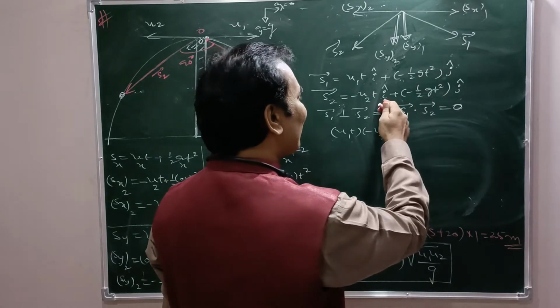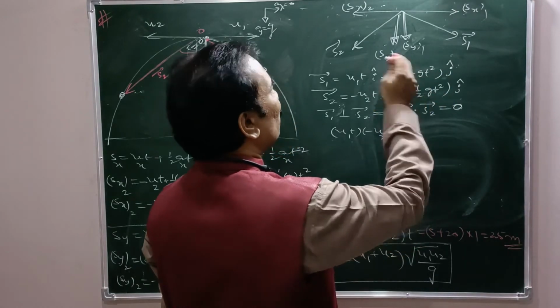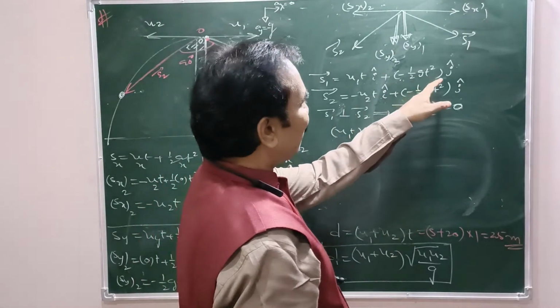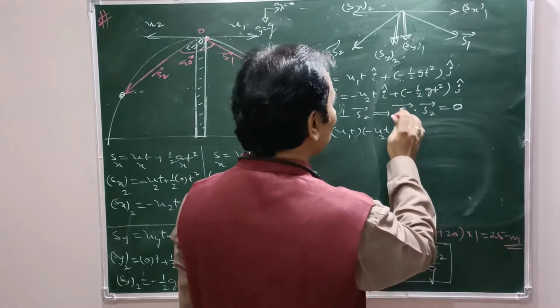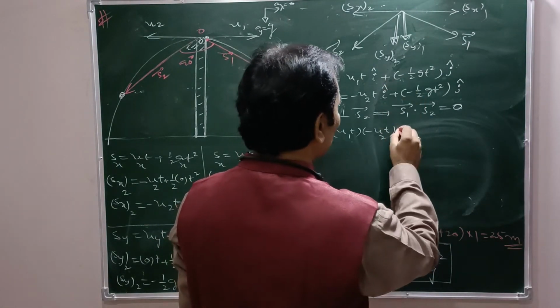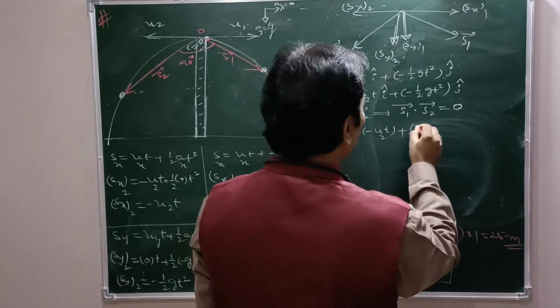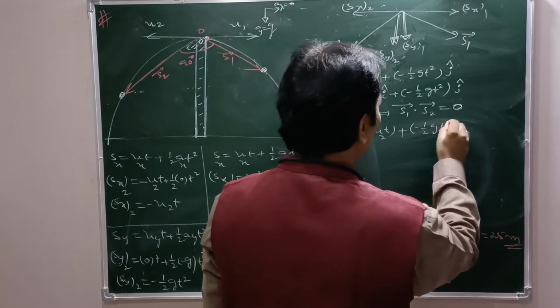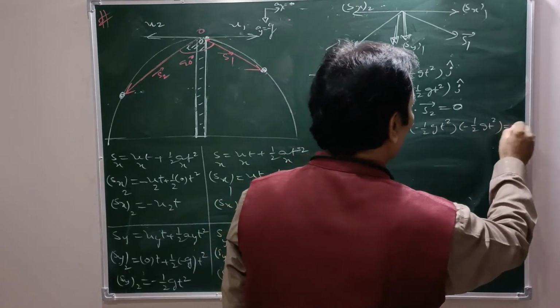Plus j dot i is also 0, so no need to consider these products. Now left with j dot j is 1, so we have to multiply these two, minus half g t square into minus half g t square, equal to 0.